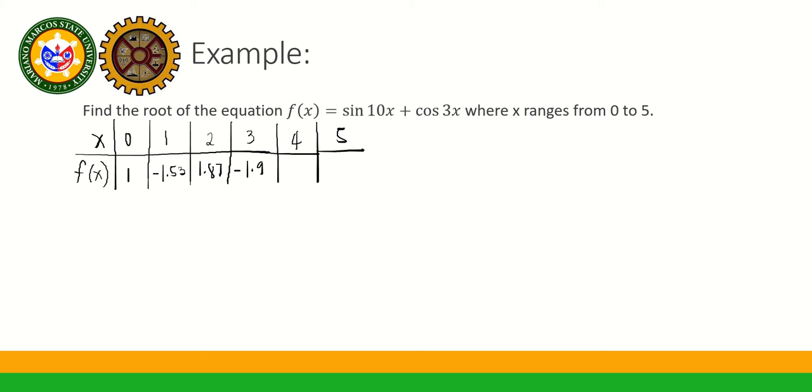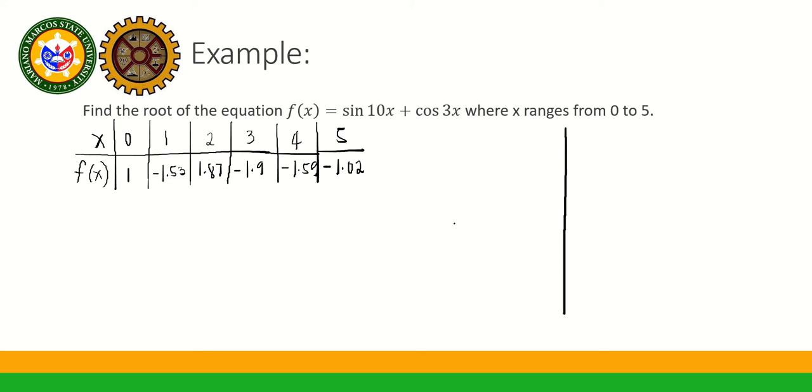And if our x is equal to 4, that is equal to negative 1.59. And lastly, for our x equal to 5, okay, what is our f of x? That will be equal to negative 1.02. So what we will do is to i-plot na natin ito. Okay? So let's plot this one.